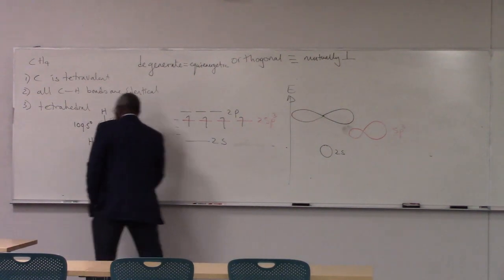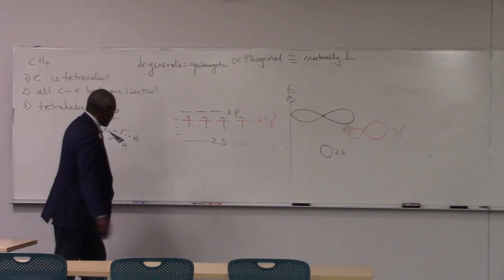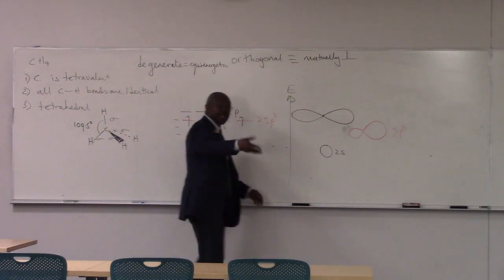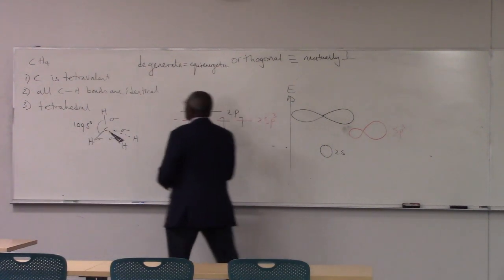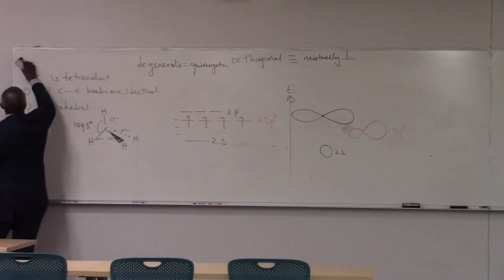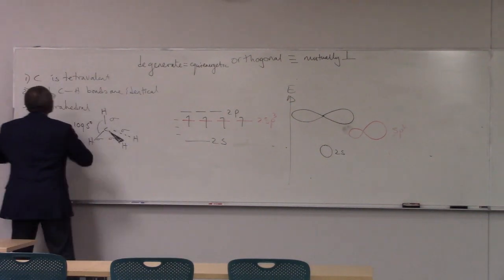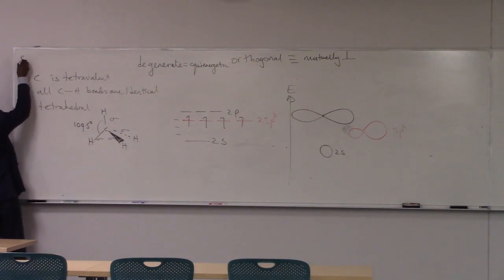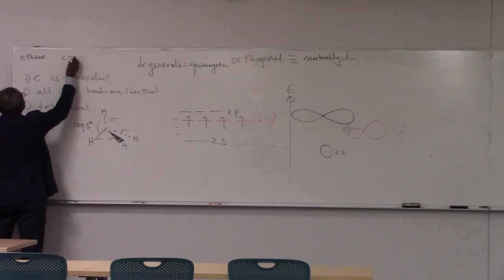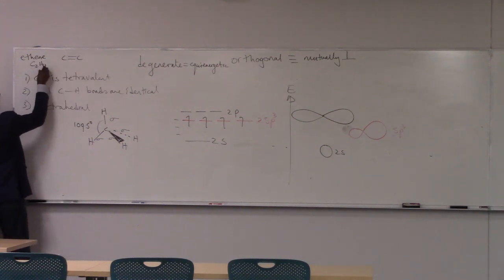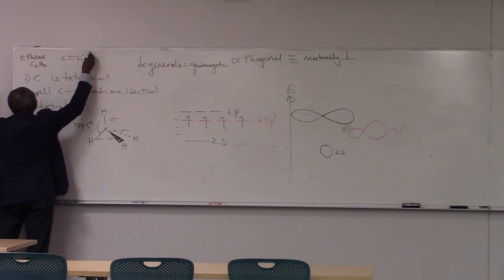Let's look at a different hydrocarbon. We've talked about alkenes, carbon-carbon double bonds. Let's look at the simplest alkene, and that compound is called ethene. It has the formula C2H4, and it has this structure.